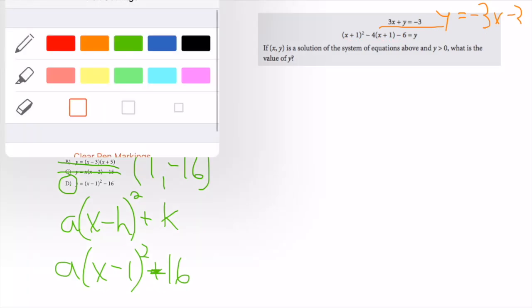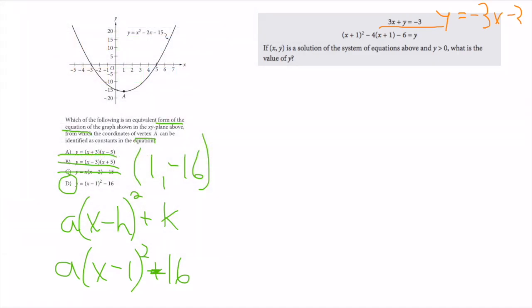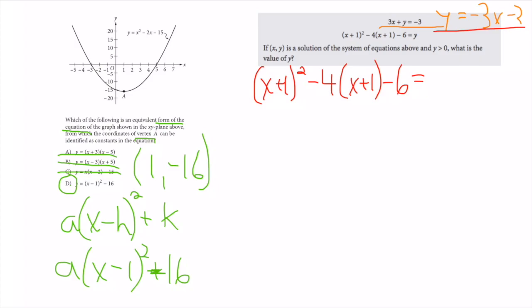So what I'm going to do is rewrite my equation, and then set it equal to this line, negative 3x minus 3.